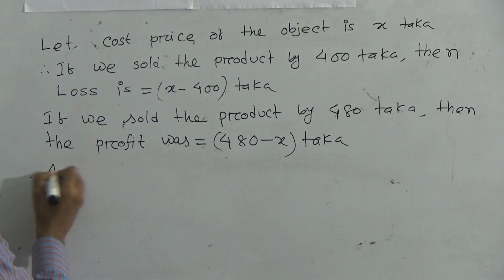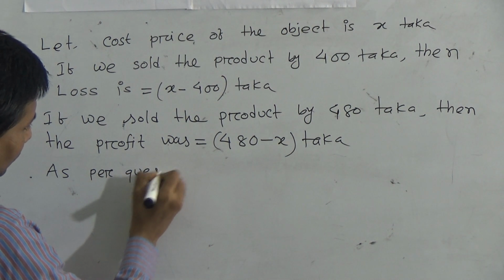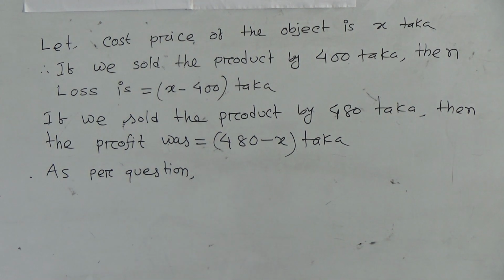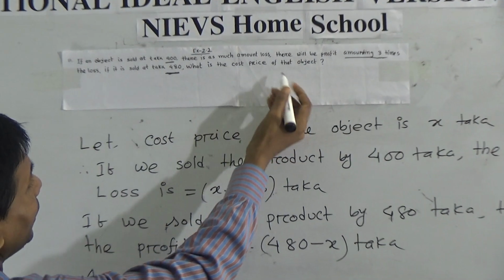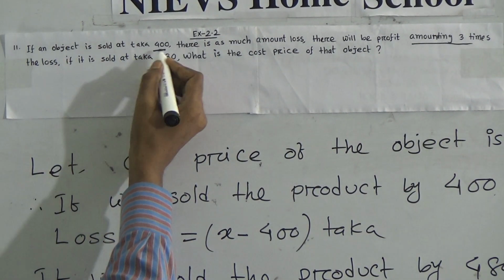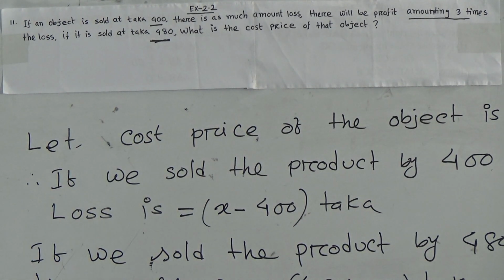Now we write as per the question. Again you look at the question. If you sold the product for 400 taka, then some amount will be the loss.